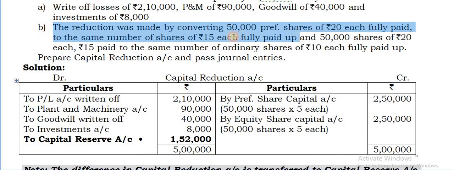By converting 50,000, see this is the first sentence. 50,000 preference shares of rupees 20 each, fully paid, to the same number of shares of rupees 15 each. It is being reduced. Okay.